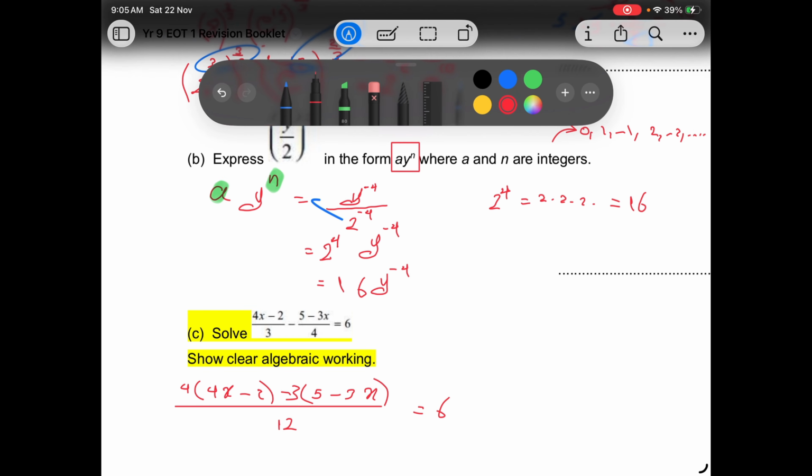And look at this, guys. This is really wonderful, because both 16 and minus 4 are integers. So it is in the form a y to the power n. If anybody asks you what is the value of a, by comparing, a is whatever is multiplied by y, and here a is 16 and n is minus 4, and fortunately both 16 and minus 4 belong to integers.